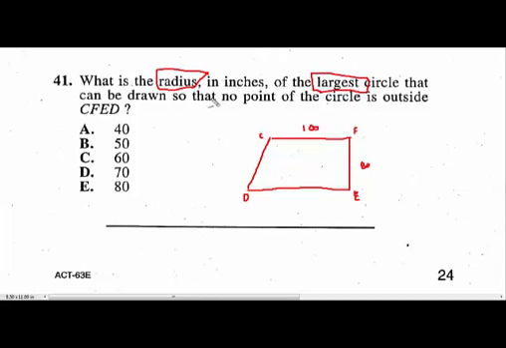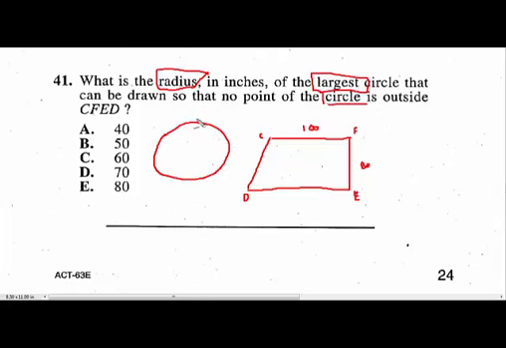Now what we're going to do is most kids are going to want to start plugging stuff into the formula here. Let's just do a little bit of kid logic. We know that we have this shape right here. It's a four-sided shape. And what we want to do is we need a circle. So right away, I saw the trick on this. The trick is that you don't have something drawn out. They don't give you a circle. So let's just draw a circle. So here's our circle.